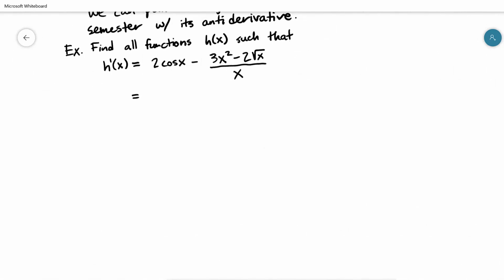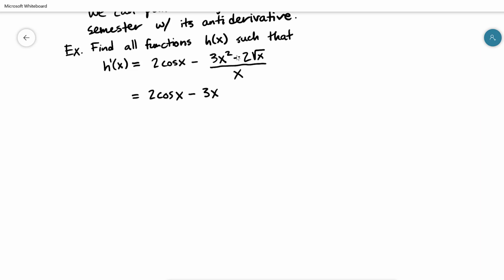This first piece I'm not going to touch. It's still going to be 2 cosine of x. But this next piece, the 3x squared divided by x, I can simplify. The x squared and the dividing by x, one of those x's will cancel, and I'll just wind up with minus 3x. And then for the second term, we have this minus out here, another minus here.